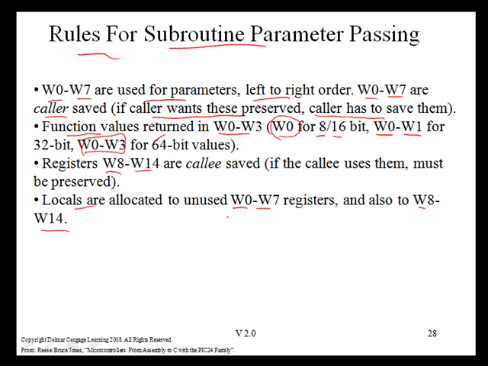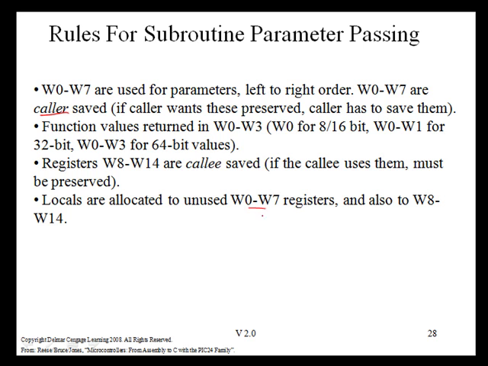Note that if it uses unused W0 to W7 registers for local variables, then it doesn't have to save these, because the assumption is that if the caller wanted these registers saved, then it would save them. However, if the subroutine uses W8 to W14, then it's going to have to preserve those values.